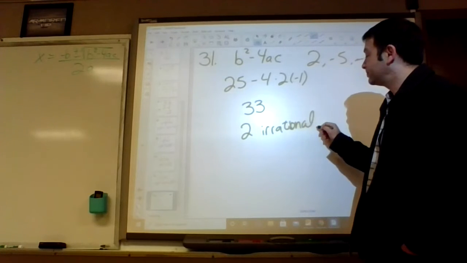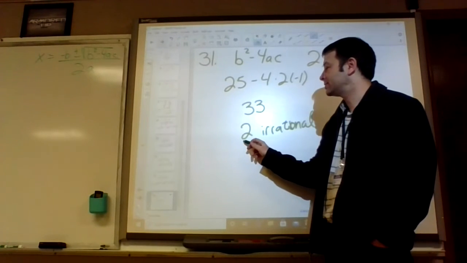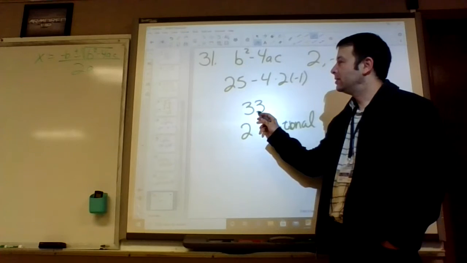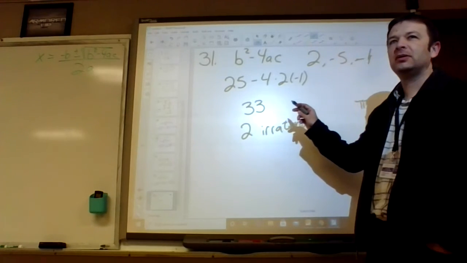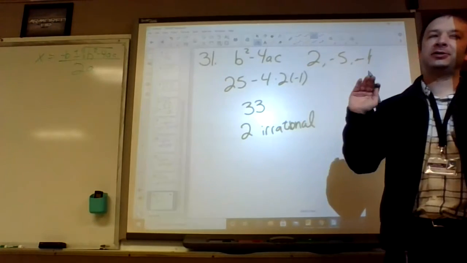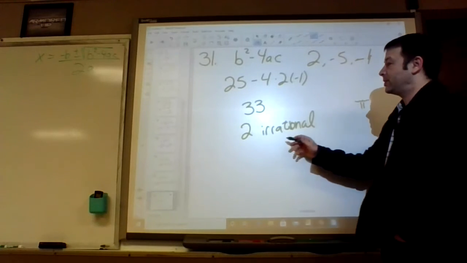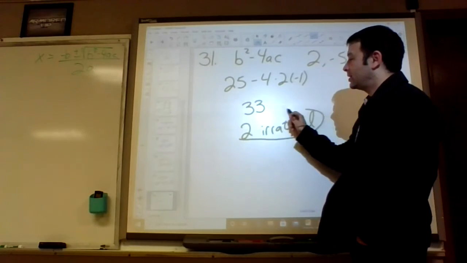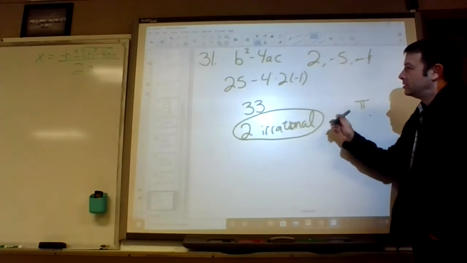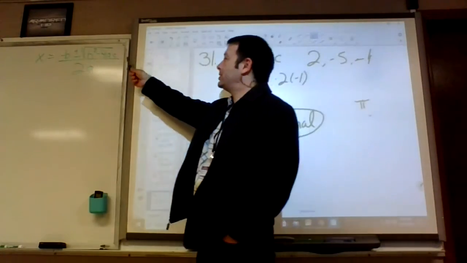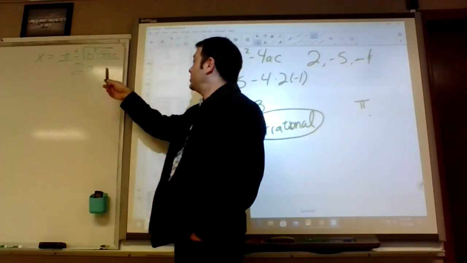And we're also supposed to solve it. So if it has 2 irrational answers, it's not going to factor because a square root is going to be part of your answer. We've kind of done the hard part already. We already did this part. So we just need the negative b over 2a thing.